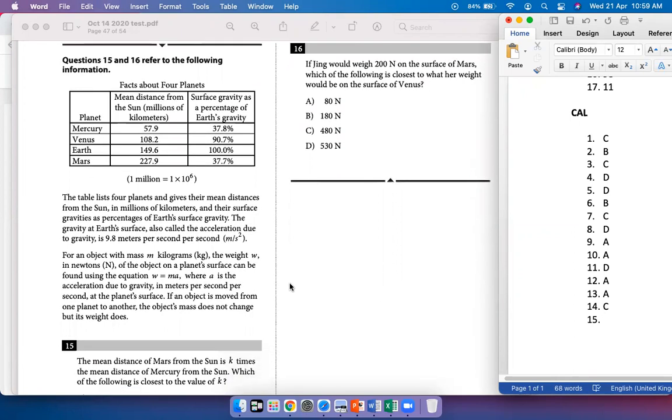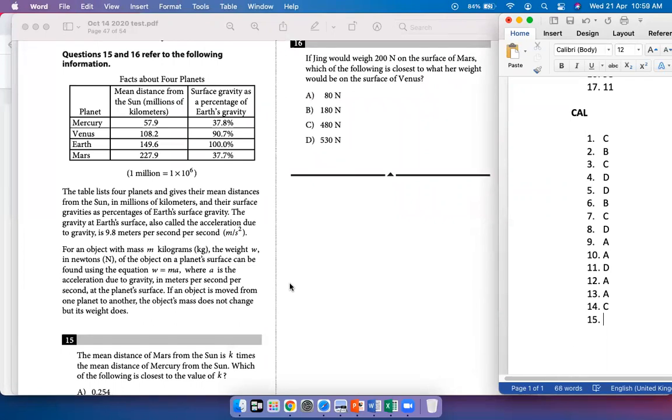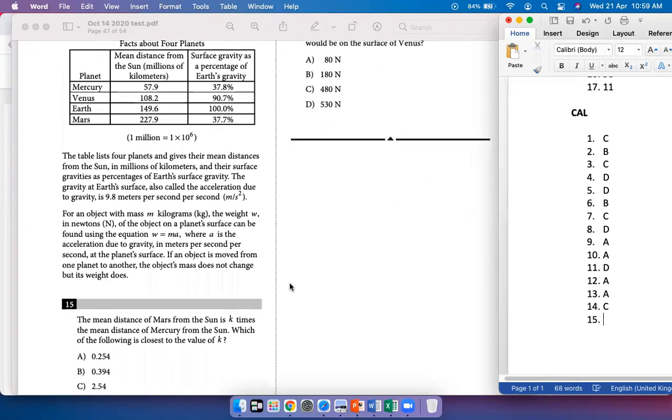For an object with mass m kilograms, the weight in newtons is given by W equals ma, where a is the acceleration due to gravity at the planet's surface. If an object is moved from one planet to another, the object's mass does not change, but its weight does.